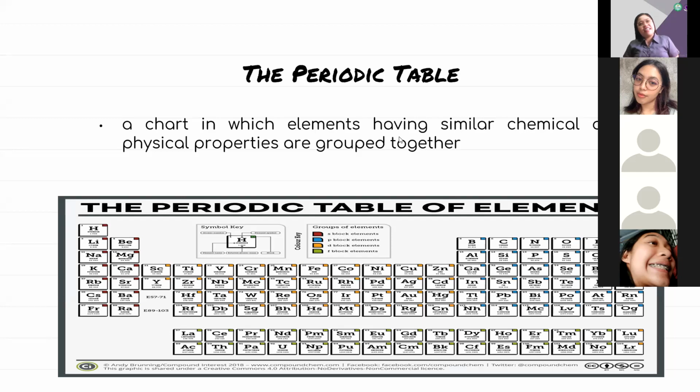John Newlands, ma'am. Another person. John Newlands made the law of octaves. He arranged the elements by 8, so 8 elements per group. That is John Newlands. How about the one with increasing atomic number?